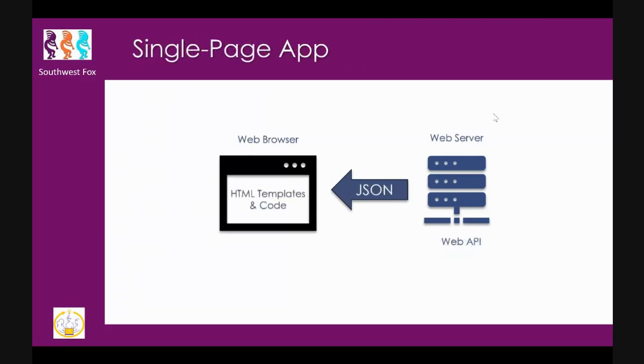In a single page web app, the server provides a web API to handle the request, but it doesn't generate any HTML. It only returns data, usually in the form of JSON. And as far as the server is concerned, the UI is just static HTML. Now there still are HTML templates, there's still code to affect the page, but those now live and execute within the browser.